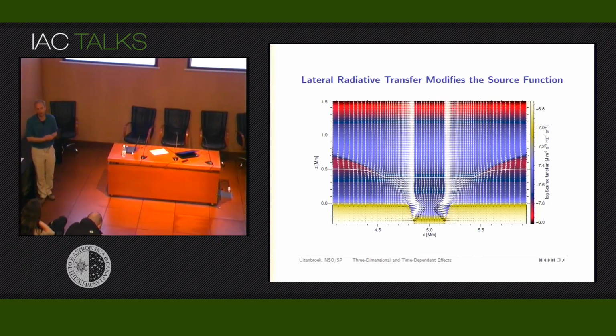What I want to draw attention to is that the time dependence is probably a more severe problem, because most of the ultraviolet radiation comes from the chromosphere and is not used to create the semi-empirical models. The ultraviolet radiation varies by much more than the total, which varies by 10, 20%.